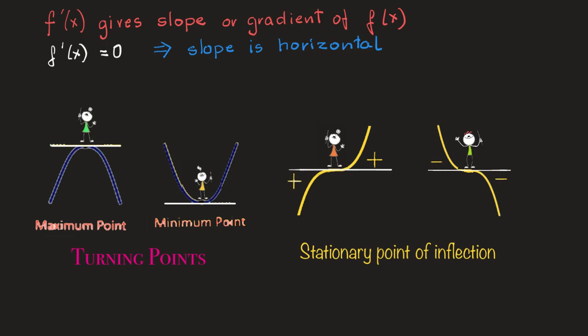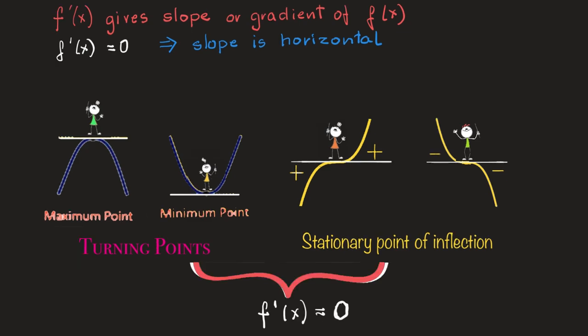And you'll also notice that the gradient of the tangent has the same sign on either side of the stationary inflection. Now, what they have all in common is that all of them can be found by making the derivative equal to 0. That means that the tangent or the slope has to be 0 at these points.